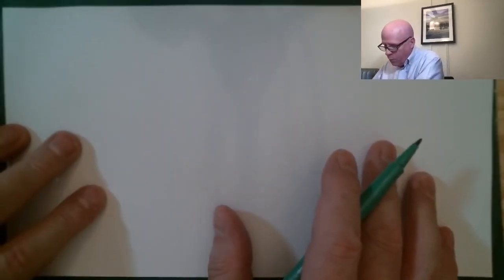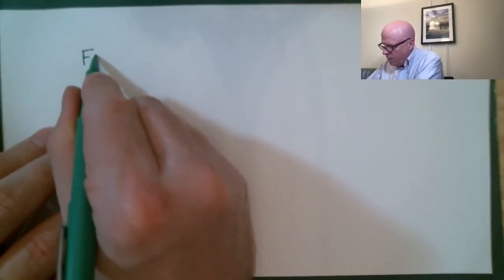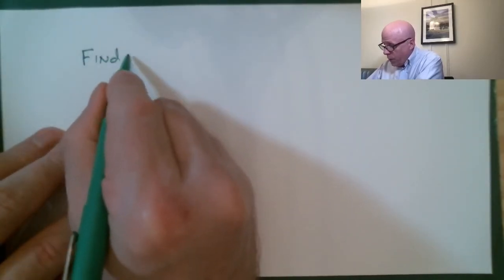Let's just do one last thing in this section. I want to tell you about something that happens quite frequently in business applications. You're finding the minimum and maximum value on parabolas.